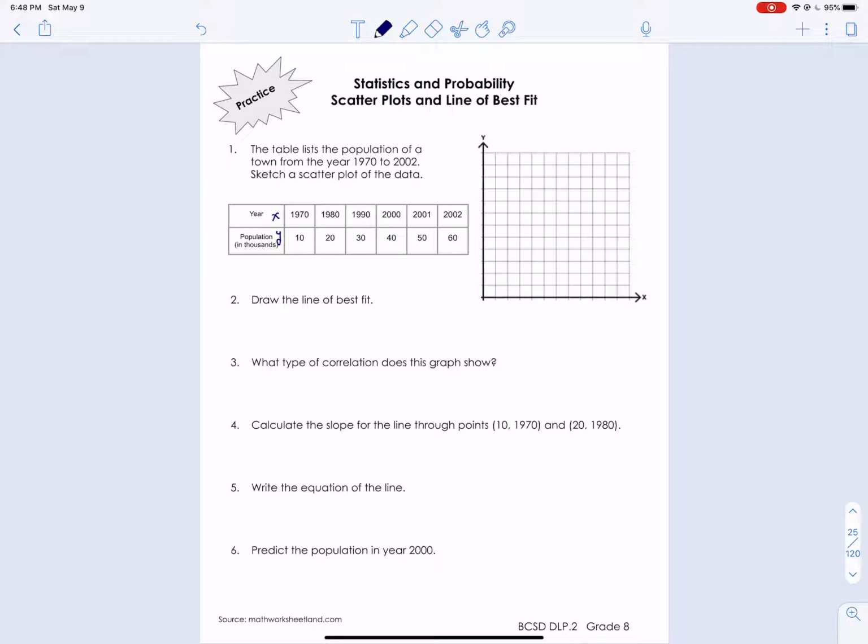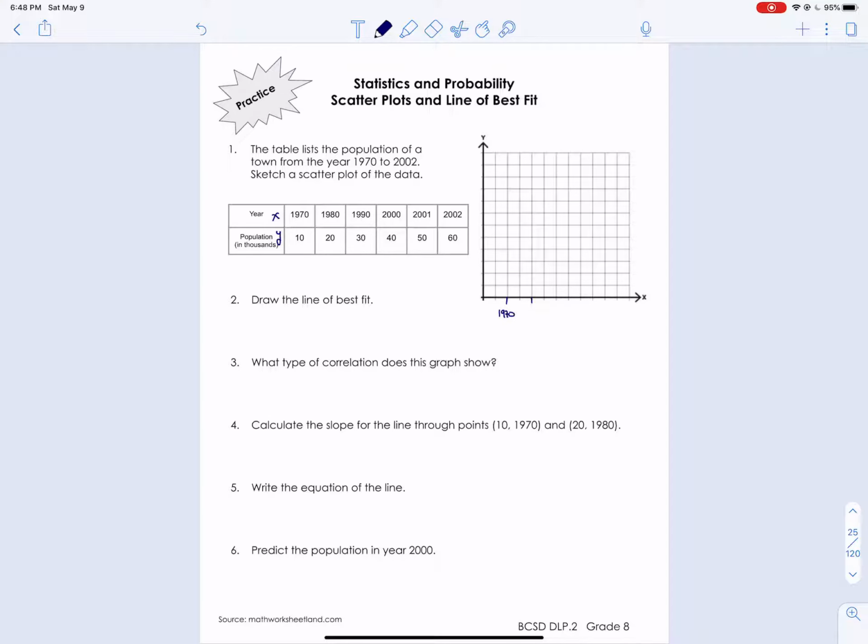So let's see. And this is going to be a type of graph that doesn't necessarily start at 0, because we're not going to start at year 0. So we'll just start off at 1970. So maybe let's try this one at 1970.